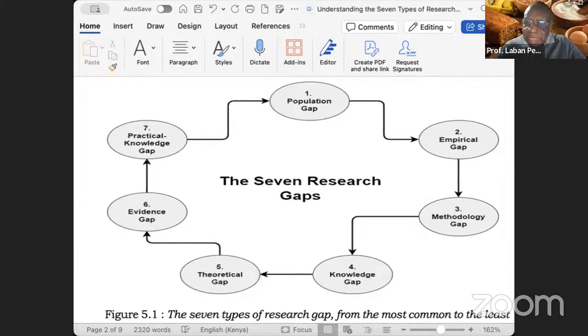So I would like to look at a very simple one. I want to stop sharing that Word document and pick a very simple one, a population gap. Let me see. Let me try to share.